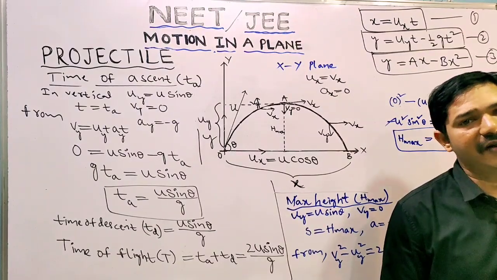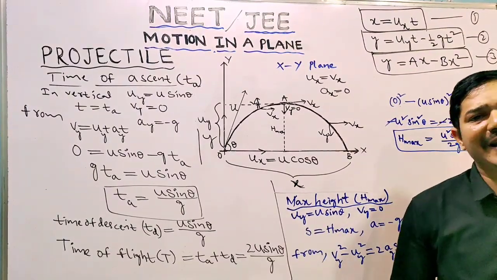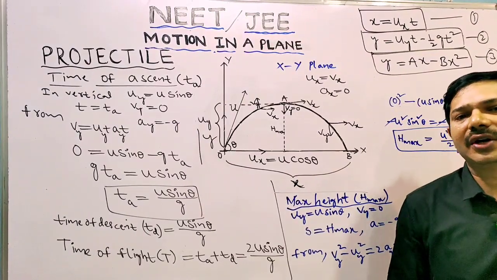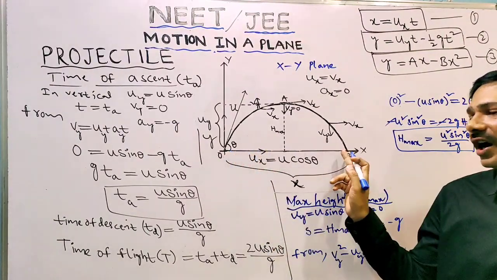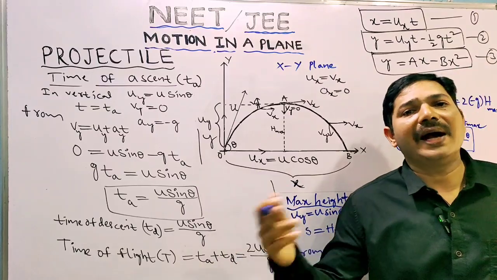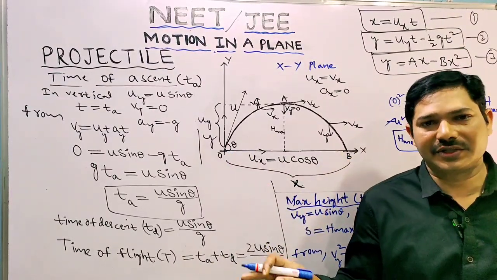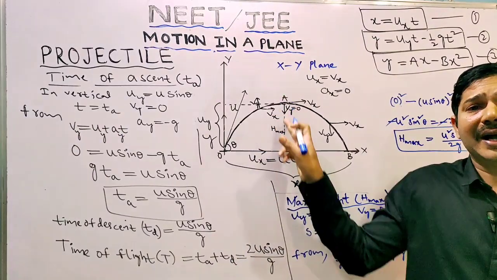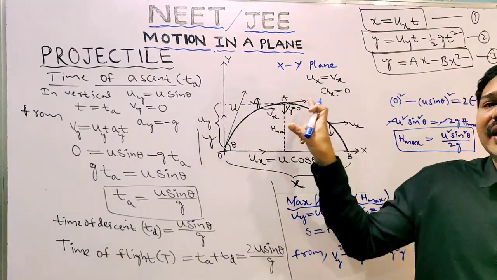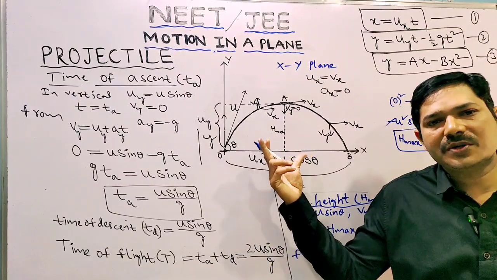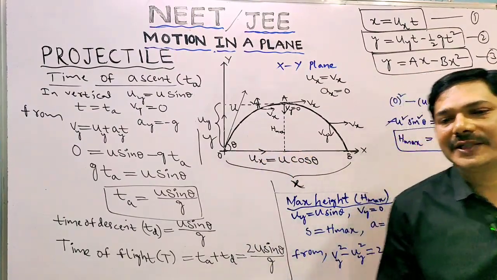And last one, range or horizontal range. The maximum horizontal displacement is called horizontal range. Maximum height means the maximum vertical displacement; range means the maximum horizontal displacement.